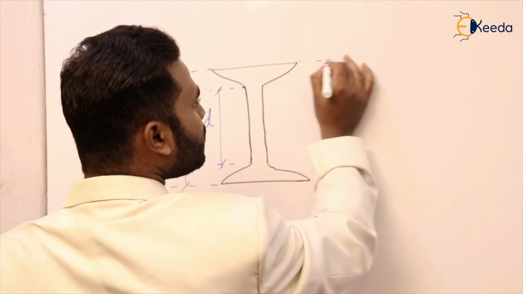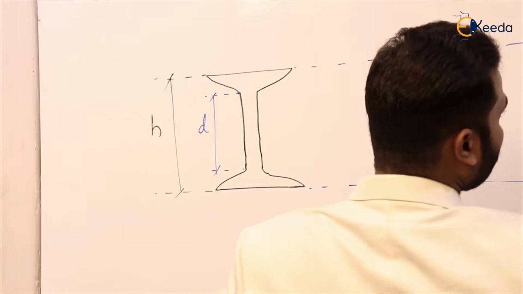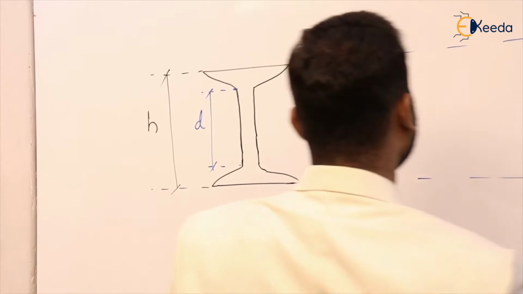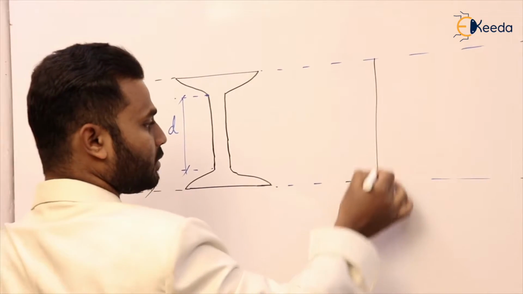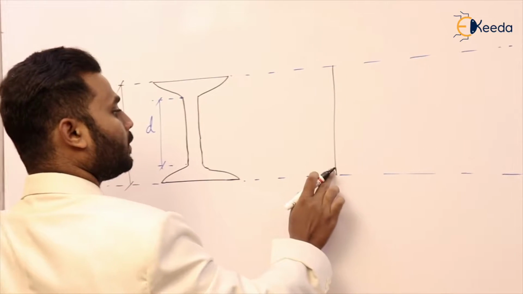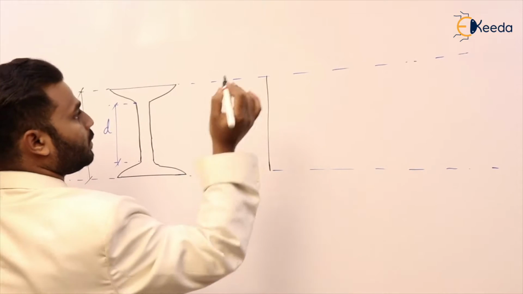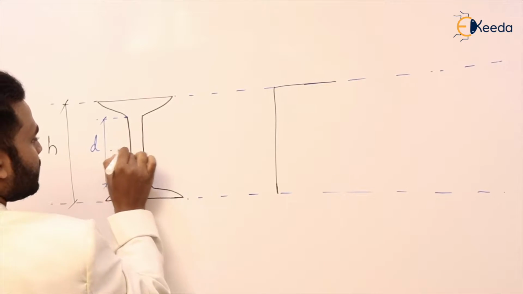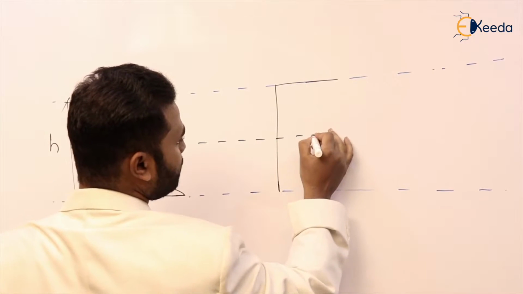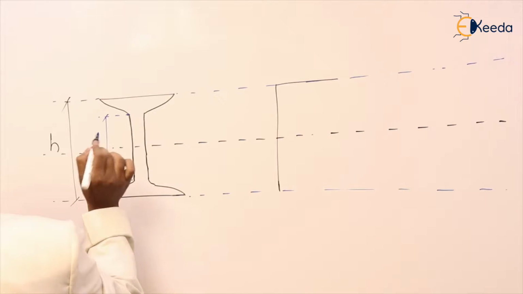Now let us see the bending stress and shear stress variation throughout the depth of this cross section. First I am going to show you the bending stress variation. Here is where the neutral axis lies for this cross section.